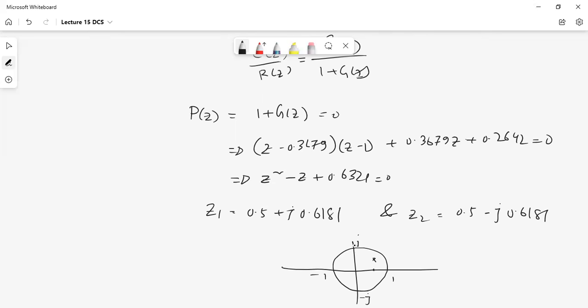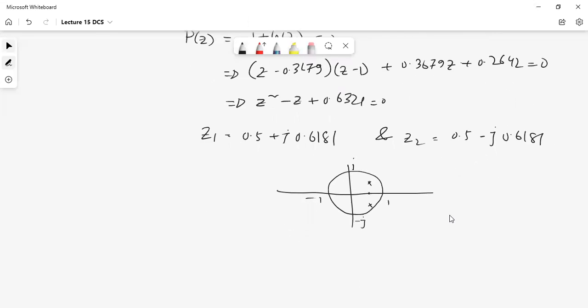This is one pole and this is another pole, which are within the unit circle, and that is why the system is stable. Or mathematically, we can say that the magnitude of z1 and the magnitude of z2 are lesser than 1, so within the unit circle, and the system is stable.